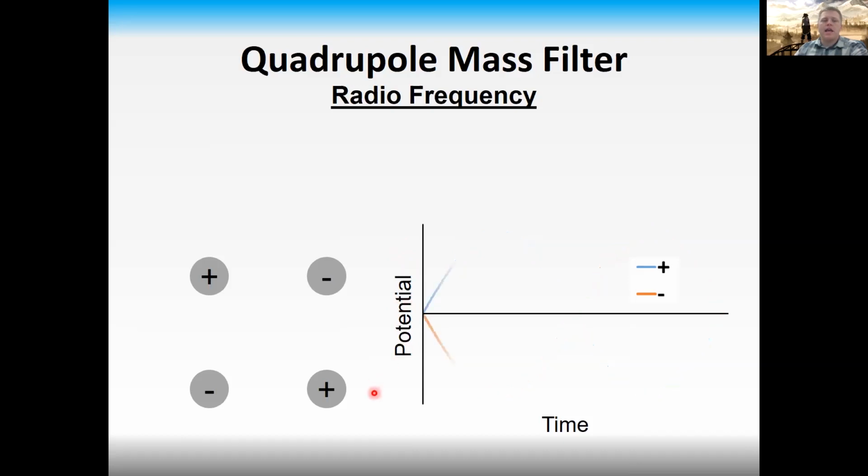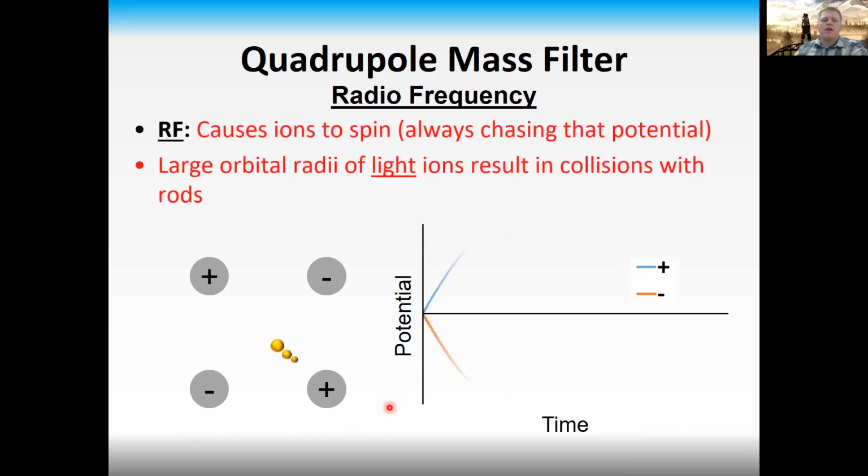And what does that actually do to our ions as they go through here? Well, our ions are going to be trying to chase the potential they're interested in. So let's say these are positive ions. They're going to be chasing the negative potential, right? As they're traveling towards this pole, if it's got a negative potential, we'll then take the negative potential off that pole, make it a positive pole and make this one a negative.